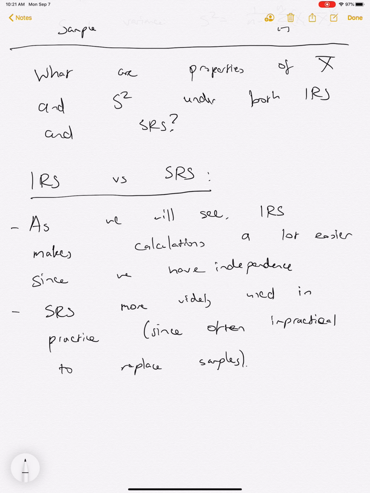I mentioned the voting example right at the beginning of this lecture. If you did IRS, that would basically mean that after you ask someone who they're going to vote for, you put them back into the population, and then you potentially could ask them again. That's a little bit weird, as you can imagine. So simple random sampling is typically used more in practice, because once you survey someone or access one of the elements of the population, it's often impractical to access it again. That's why SRS is more widely used in practice.